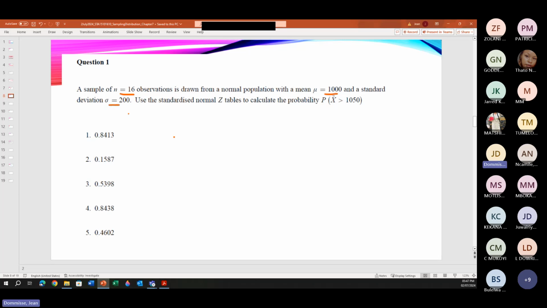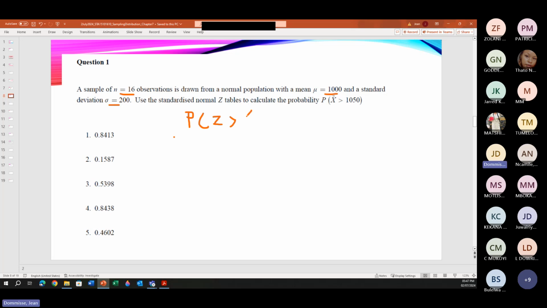Use the standard normal Z tables to calculate the probability that X, or the mean, is bigger than 1050. Okay, so they want us to work out the Z that is bigger than that.